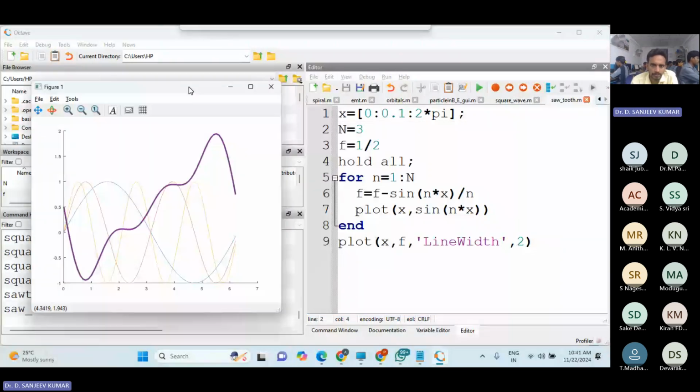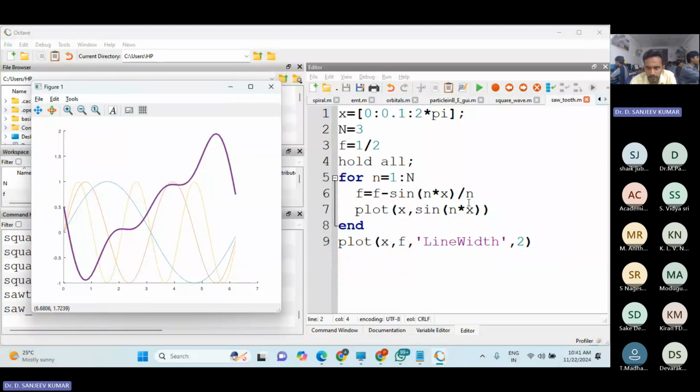So I got a sawtooth wave like this. So here the amplitude is 2 units.